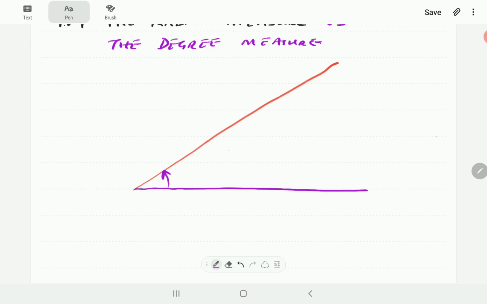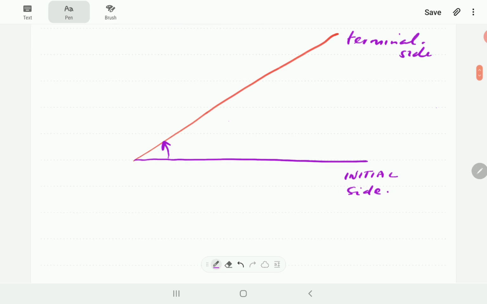The position in which both lines started, we're going to call the initial position. So this is going to be the initial side of the angle. The position in which the red one finally lands, we are going to call the terminal side. So your angle is going to have a terminal side and an initial side. Then the point at which the two lines meet is called the vertex.